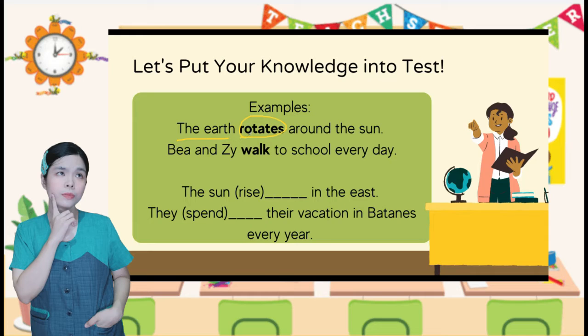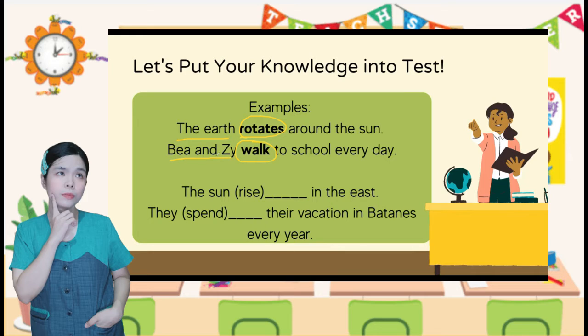The next one: Bea and Zai walk to school every day. The simple present tense of the verb here is what? Walk. Since the subject is plural, where is the subject here? Bea and Zai. Very good.